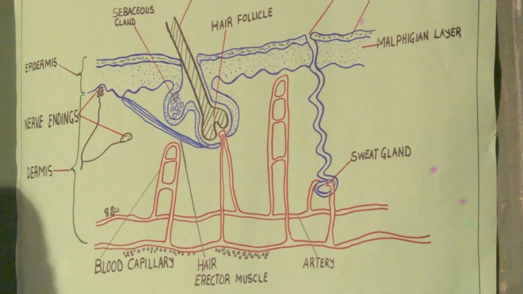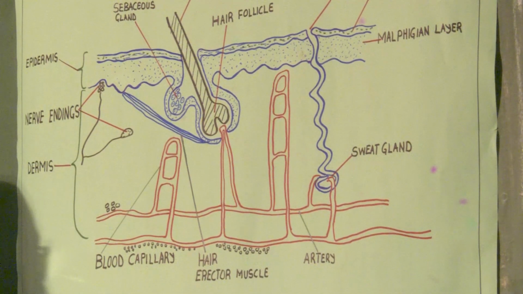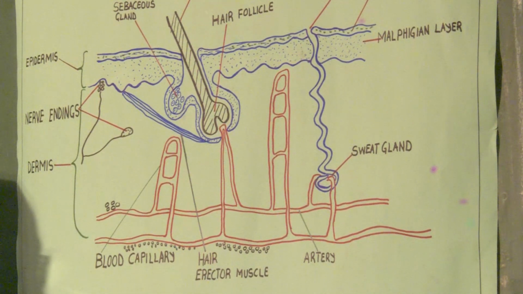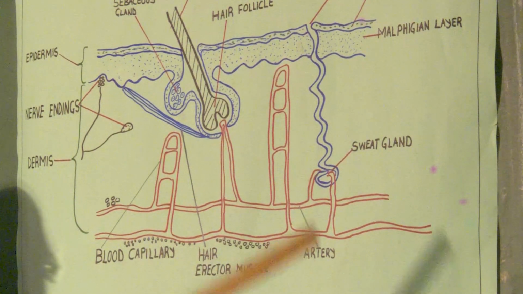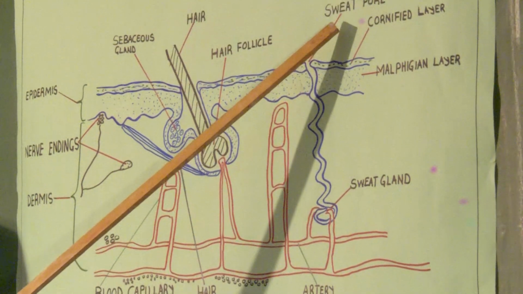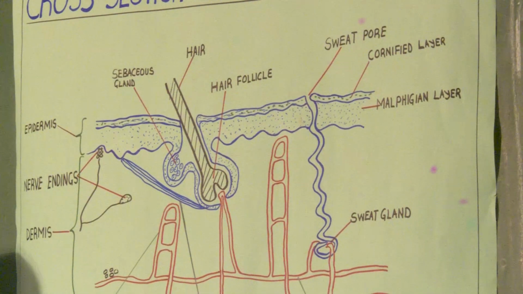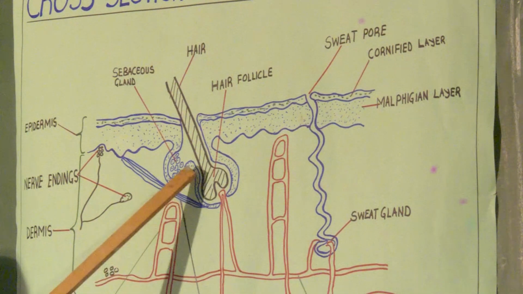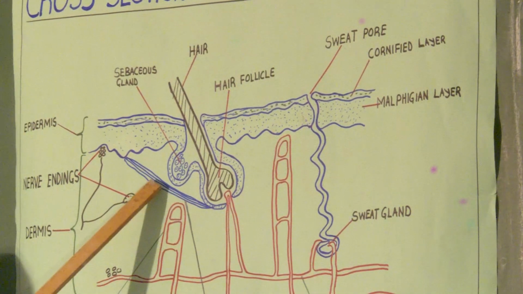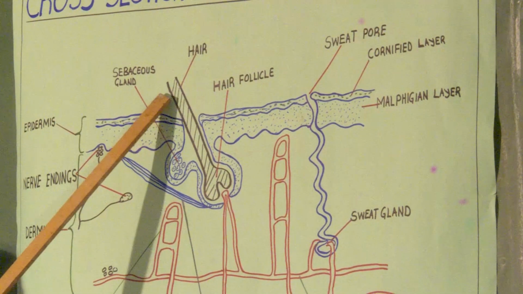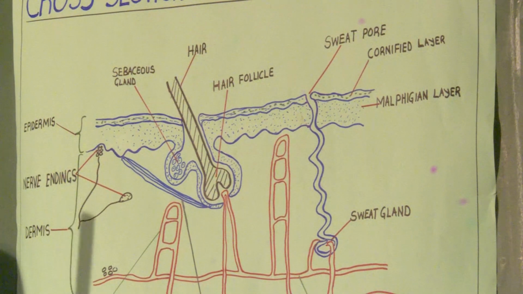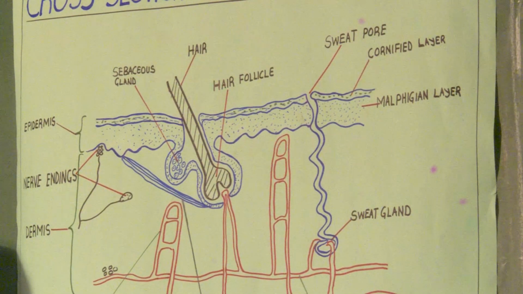This usually happens when it's very cold, when the temperature is low. The pores there open when the temperature is high. The erector muscle contracts, making the hair stand upright to trap some gas, which is going to act as an insulator.